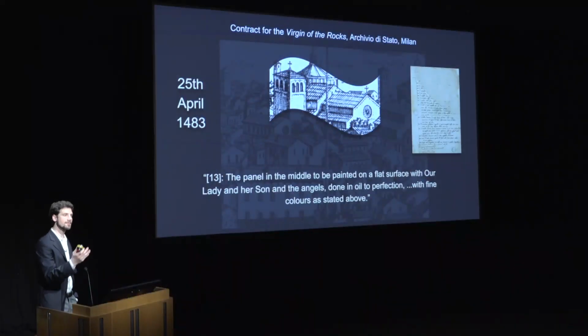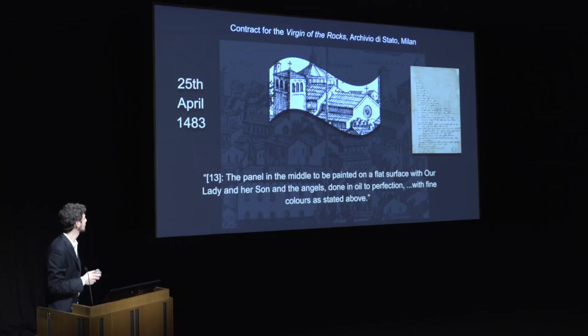So as you can see from the other contract, this is much more vague. There's not many details. There's one that is very important, on a flat surface, because, as I will show you in a moment, most of the altarpiece was actually sculpted.